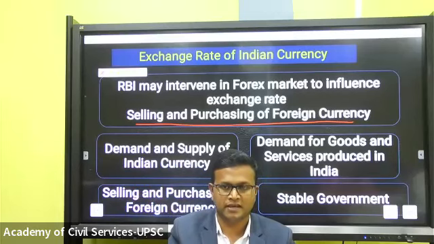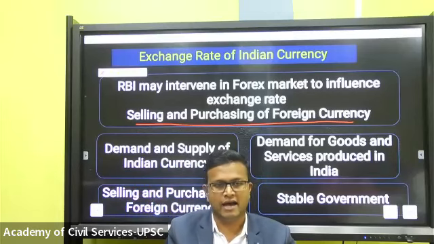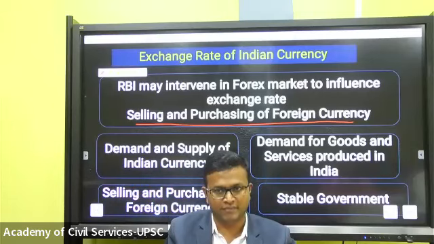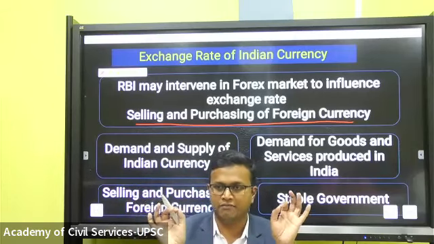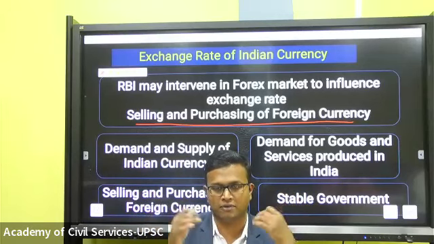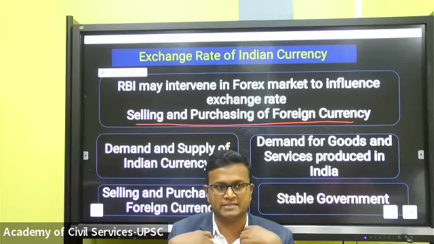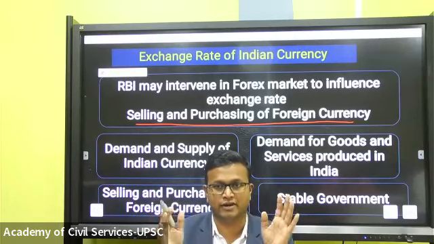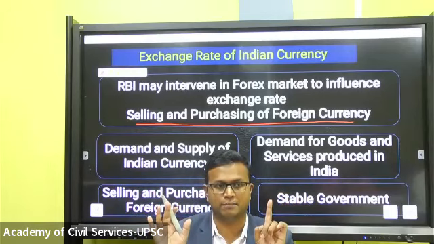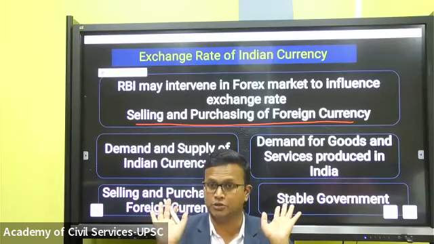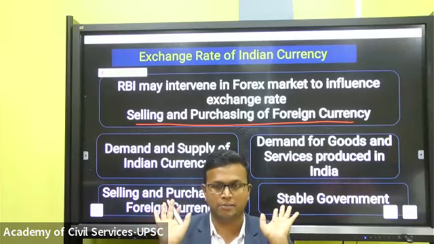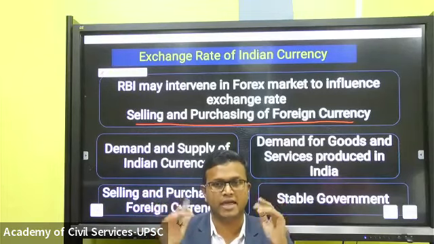Yes or no? Then RBI makes an offer. $1 at present is 82 rupees. If somebody wants to purchase the dollar now from RBI, RBI is ready to sell the dollar for a discounted price. $1 will be given to you for 81 rupees, for example. 82 rupees is the market price. RBI now sells US dollars. $1 will be sold for 81 rupees.